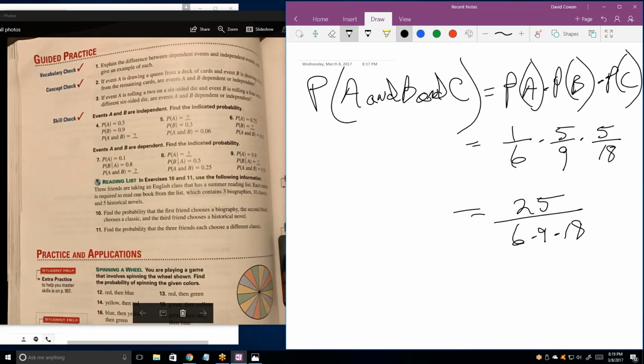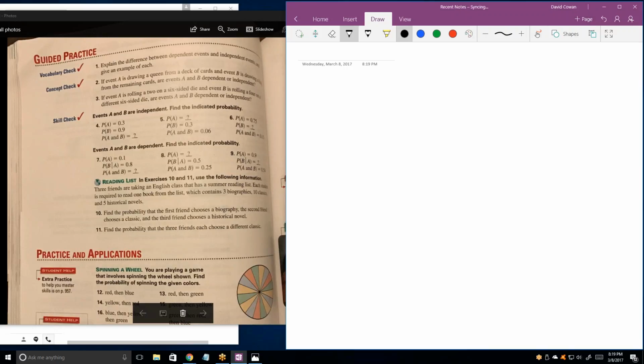There are no factors of 25 that also divide into any of these three numbers. So I just have to manually multiply that together to come up with that. You don't have to do 11. No. Just the evens.